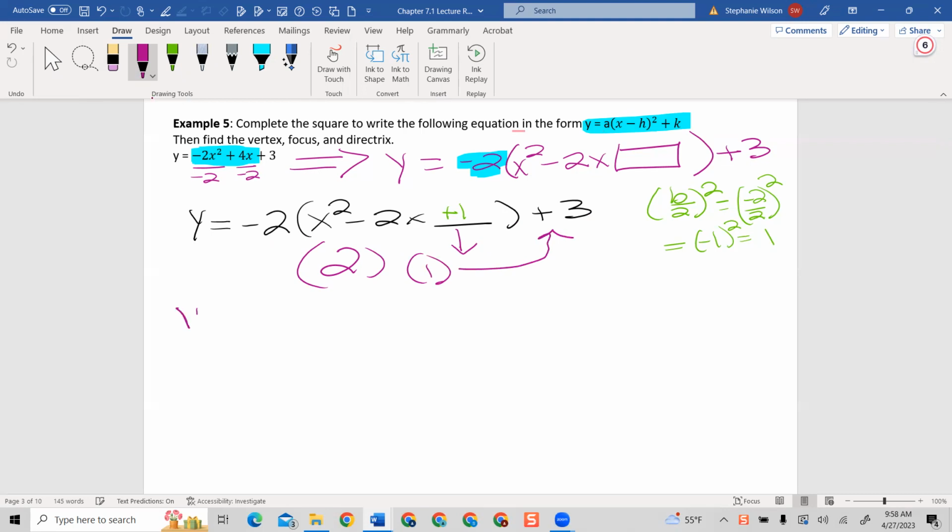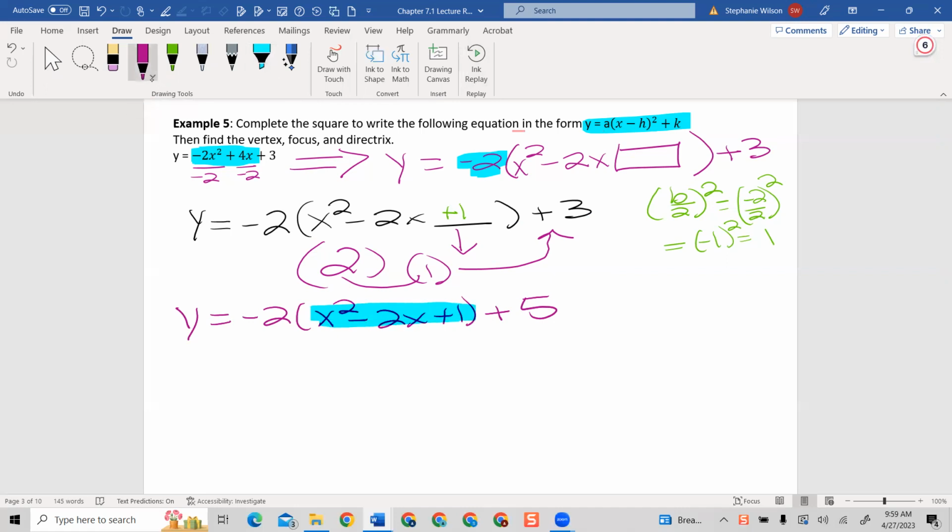So when I do that, now I get y is equal to negative 2 times (x squared minus 2x plus 1) plus 2 times 1 is 2, plus 3, that's 5. Boom. I got it written in the format now. I got one more step to get it completely in that format, but I got it in the format that I needed. So now I want to focus on this part right here.